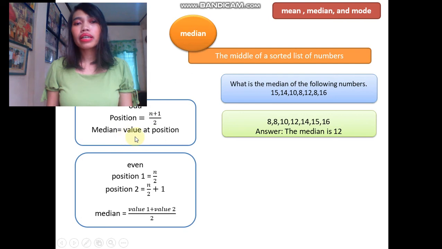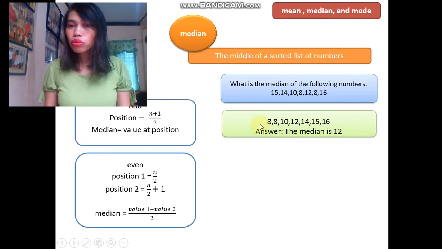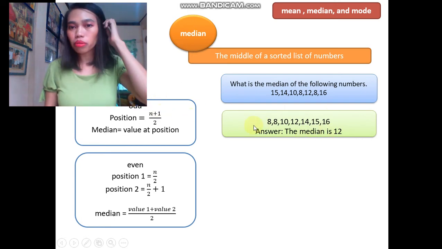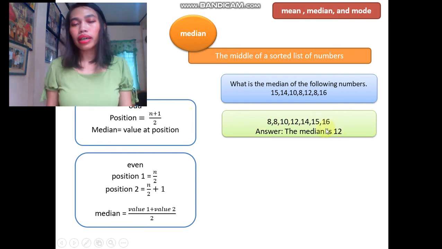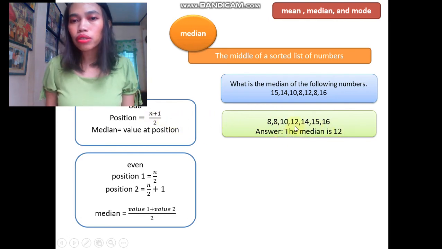So the median is the value at that position. So 1, 2, 3, 4. Since this is the value at that position, therefore the median is 12. You can also do that without this equation because you only have a few numbers of data. In case there is a large number of data, you use this one.